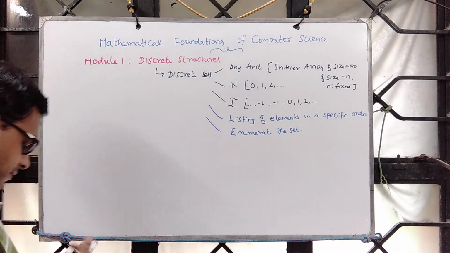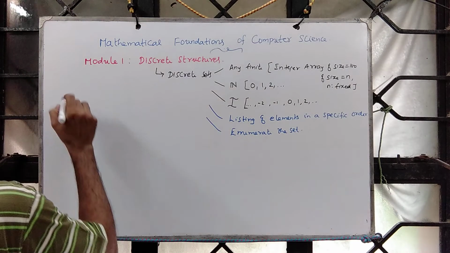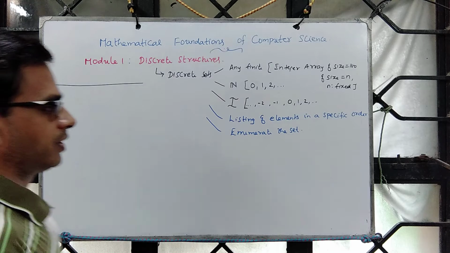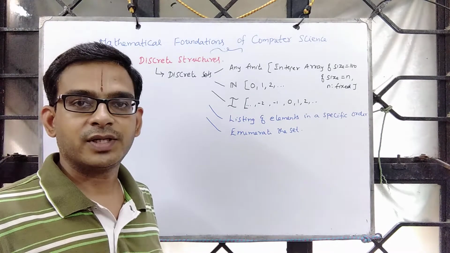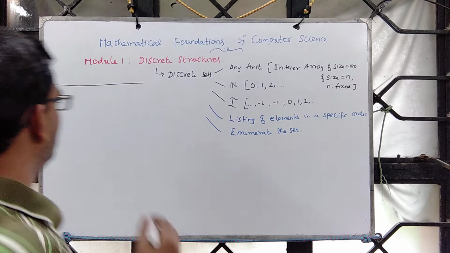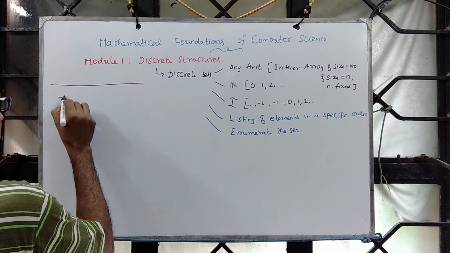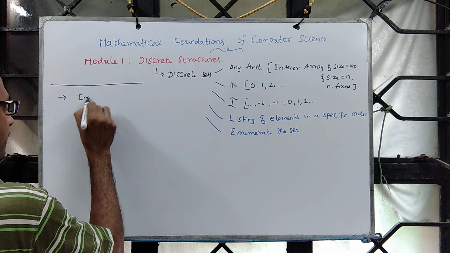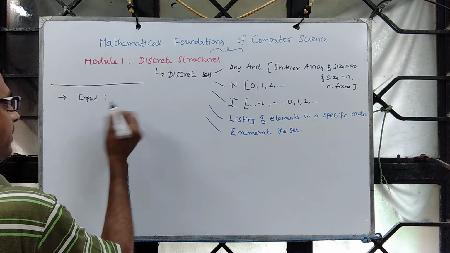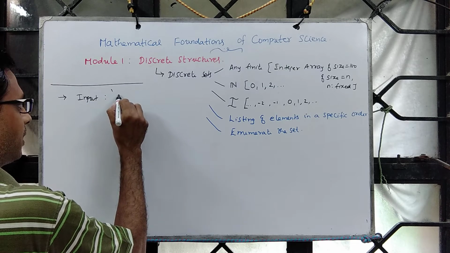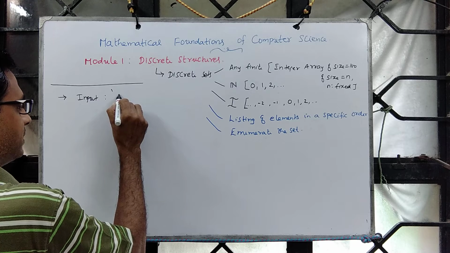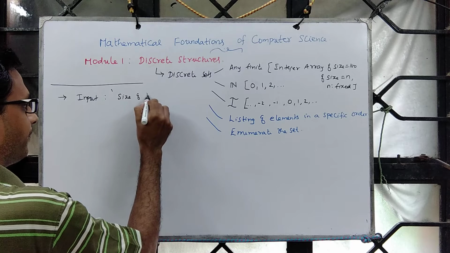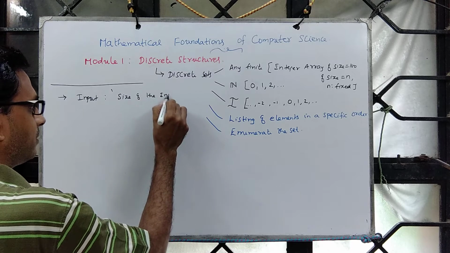So what kind of sets are we interested in? As I mentioned before, computer science is all about solving problems. So when we talk about problems, we talk about input. So then natural question is, what is the size of the input? That's one question.